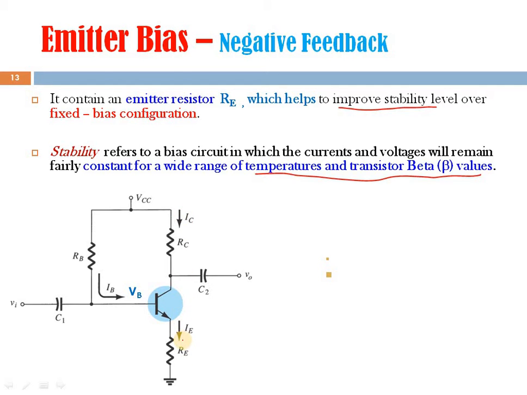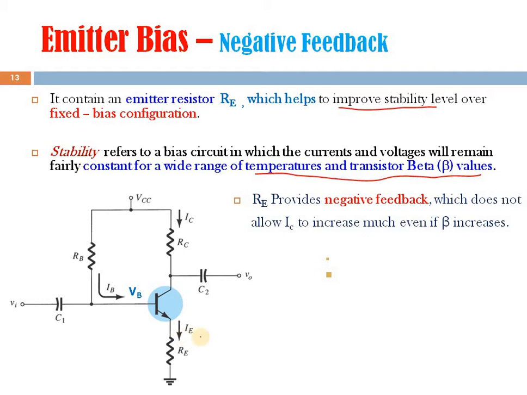We cannot avoid change because of beta and temperature, but we want the change in the output current to be as minimal as possible, so that any shift in the operating point is also minimized.